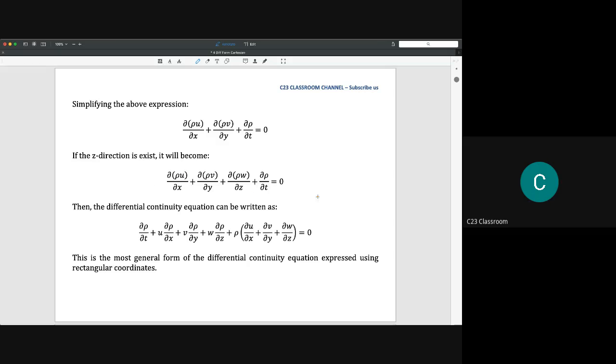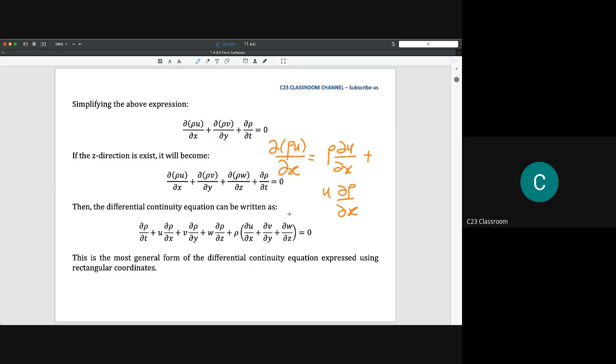So I hope you could remember the idea of partial differential. So for example, we have del rho u over del x. We could write it is equal to rho del u over del x plus u del rho over del x. Okay, so this is the idea about this one.